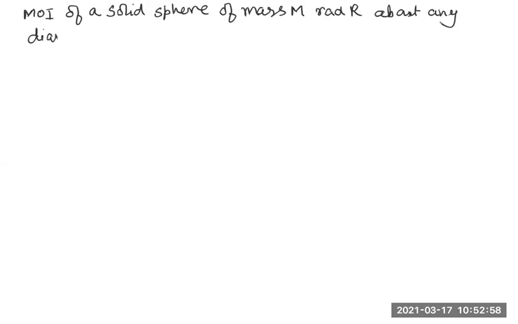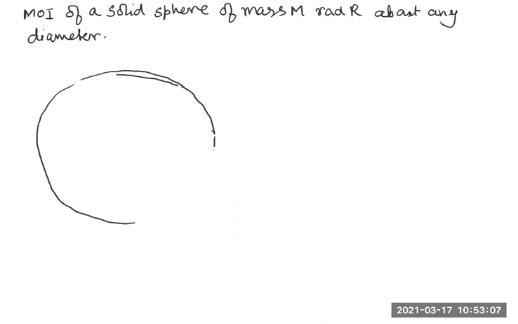Solid sphere, mass and radius are given. This is the sphere. We want to find the moment of inertia about this axis, a diameter.